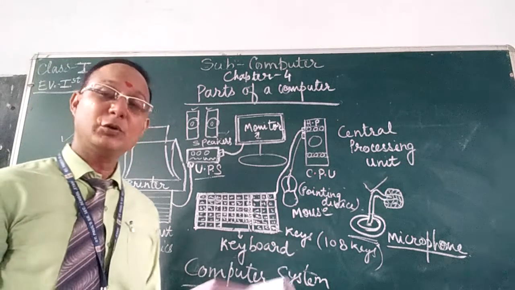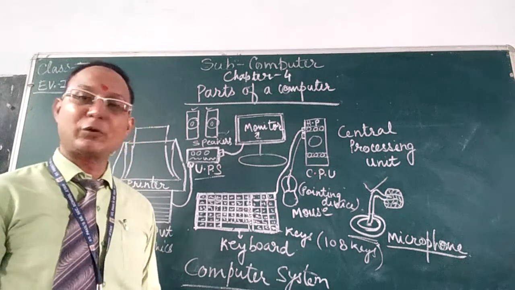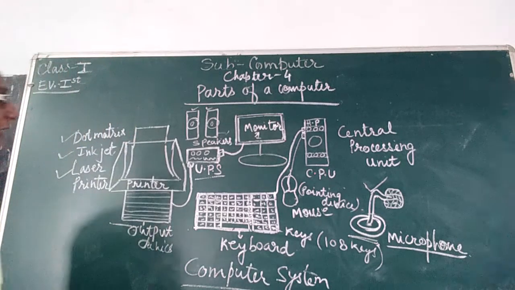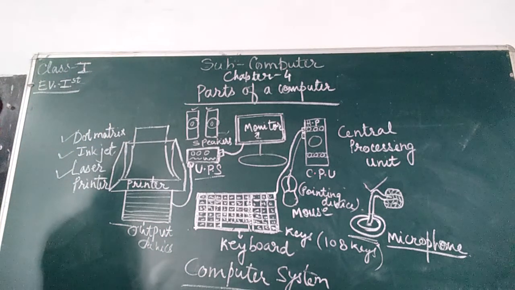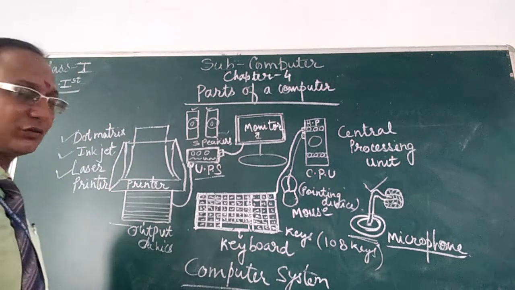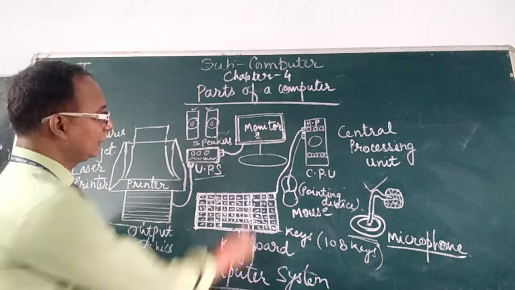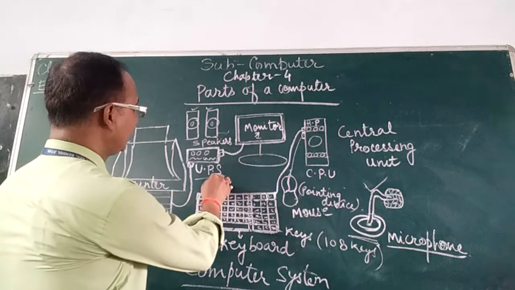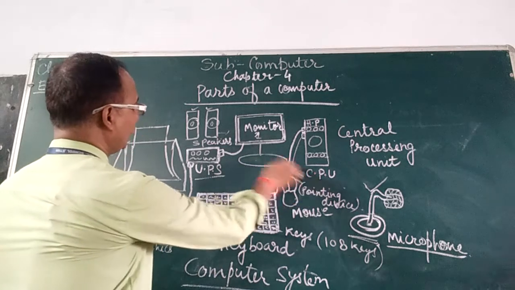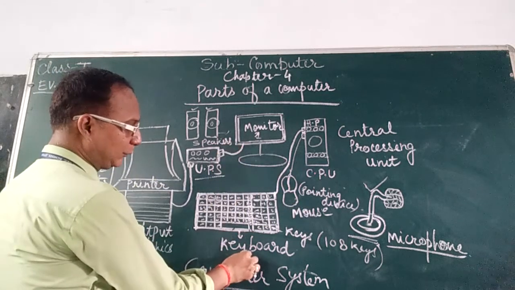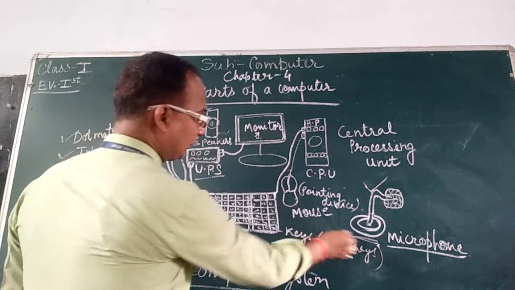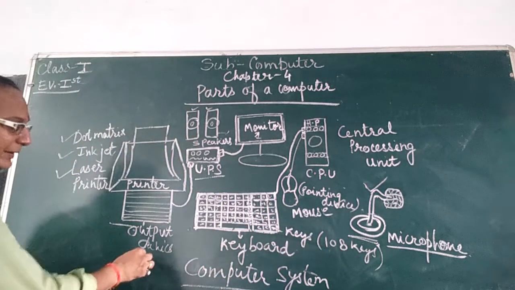Now, this is all about the different parts that we have studied in this chapter number 4, parts of computer. Let me revise: monitor, UPS, CPU, speakers, keyboard, mouse, microphone, printer.